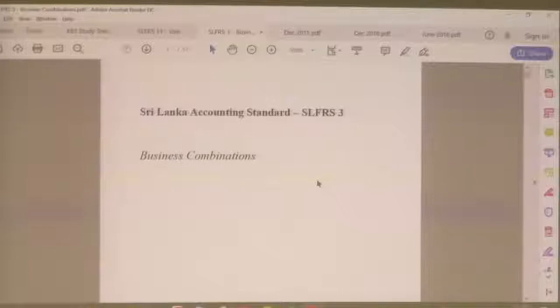I told you about these concepts: joint venture, joint arrangement, associate, investment in associate, investment in subsidiary. All these things have a close relationship. Therefore, be careful.